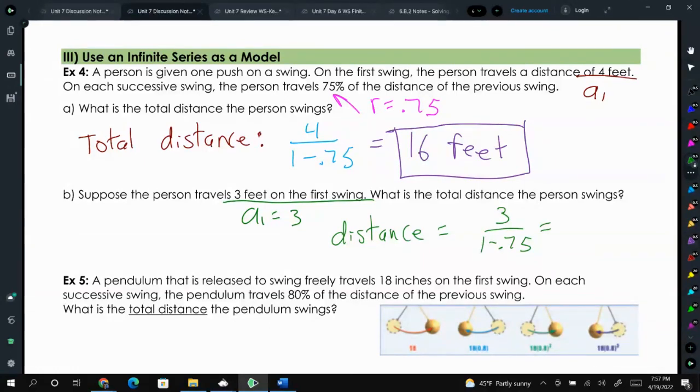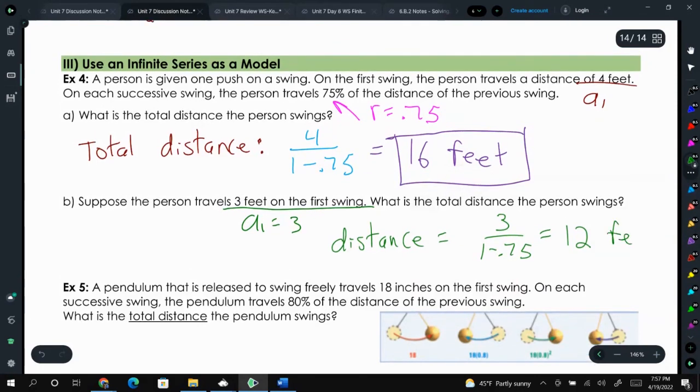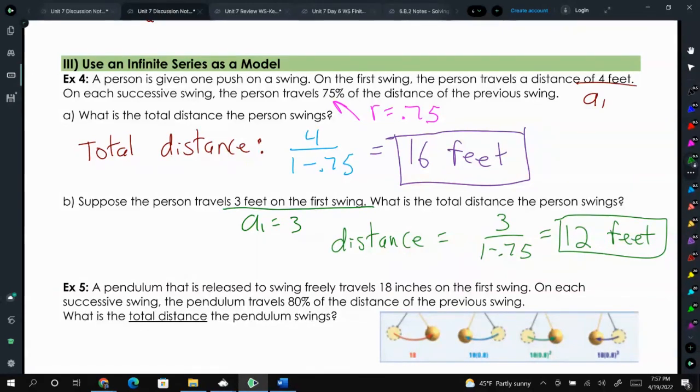And when we type that in the calculator, we get 12 feet. And that should make sense. You think about if you go on a swing and you suddenly stop kicking your legs, you're still swinging back and forth, but it's going to become less and less until you eventually stop.